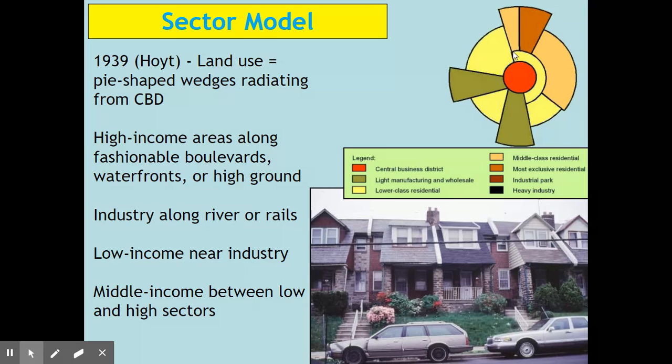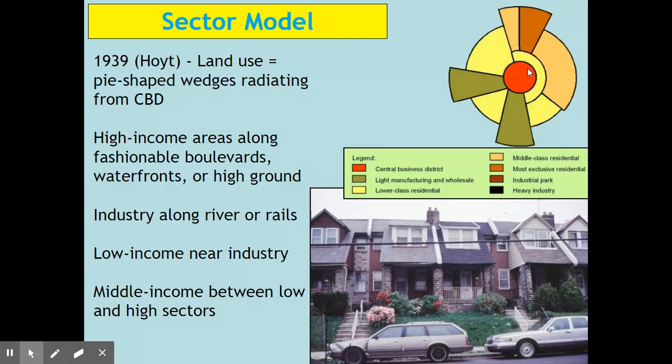So when you start to have this development and this infrastructure of either railways from the railroad or from highways, they would lock in neighborhoods, and there would start to be high income neighborhoods and low income neighborhoods, and they developed like sectors.